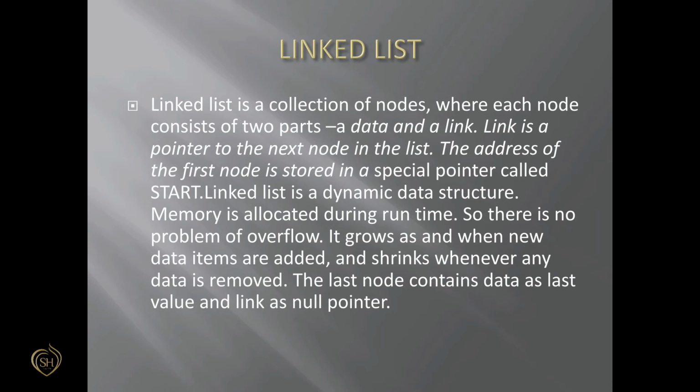The address of the first node is stored in a special pointer called start. A linked list is a dynamic data structure. Memory is allocated during runtime, so there is no problem of overflow and underflow. It grows whenever a data item is added and shrinks whenever any data is removed.